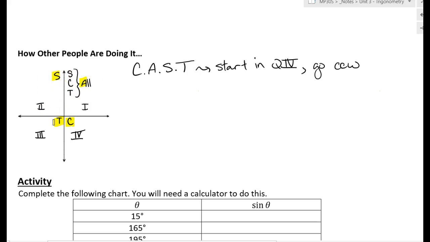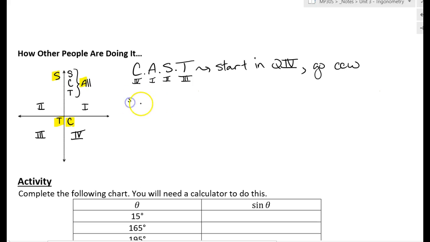So some people like that one. I personally like starting in quadrant 1. It's just a personal bias, always have. So if you're not crazy about starting in quadrant 4 and then going to 1, 2, and 3, good news, you are not George Lucas. And so what you're going to do instead is remember an acronym potentially.